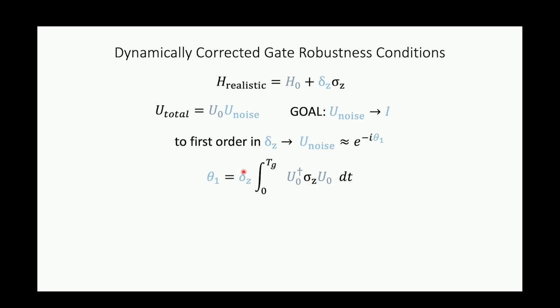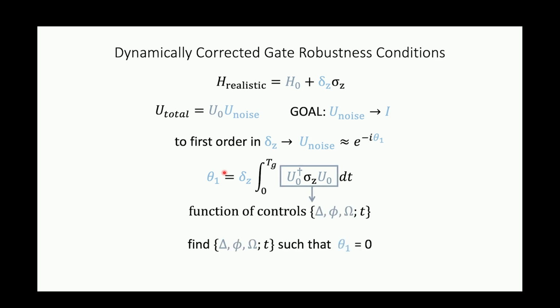So why can I do this integration over time and not worry too much about time-dependent operators? Because this thing is still small. And then we can find these controls that indeed take this error theta to 0, which makes the noise unitary identity.